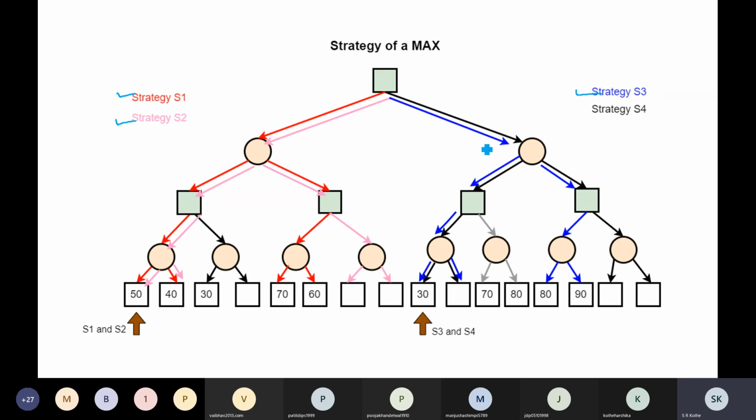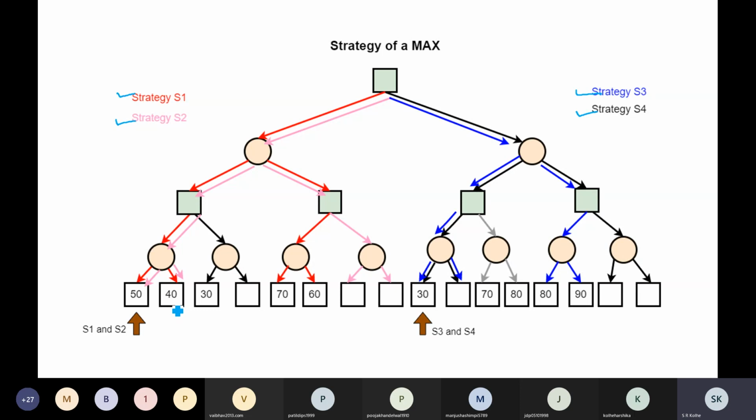S3 is shown in the blue color tree, and S4 is shown in the black color subtree, right? Now this node 50 belongs to S1 and S2. That means red color as well as pink, right? Both the strategies. 50 belongs to strategy S1 and strategy S2.